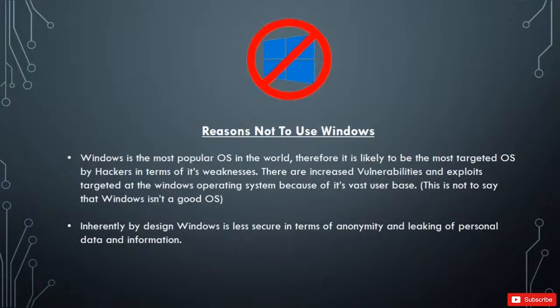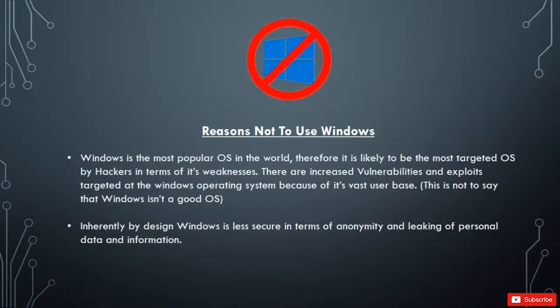base. This is not to say that Windows isn't a good operating system. It's one of the best, if not the best operating system. It's just that it really doesn't perform well when it comes to the deep web and in terms of its overall security, really, and how secure the operating system is.